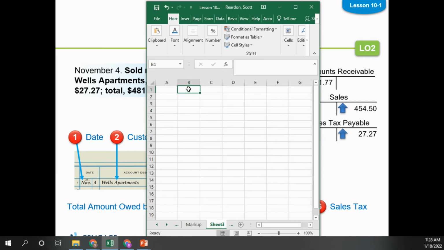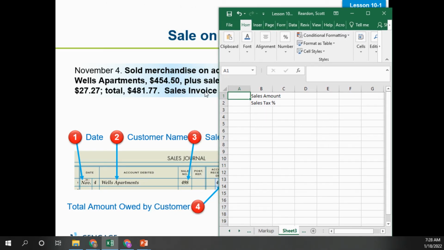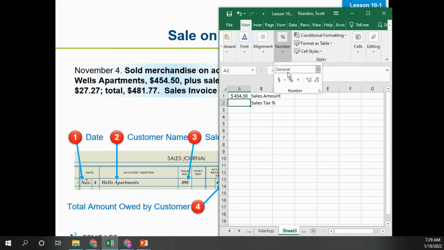We have, I'll just say this is our sales amount, sales tax percentage. So if we had a sale of 450, by the way, I'm just doing this on the fly, so please forgive me here. We can put this as a currency. And we have this as a percent. And I think that was 5%.